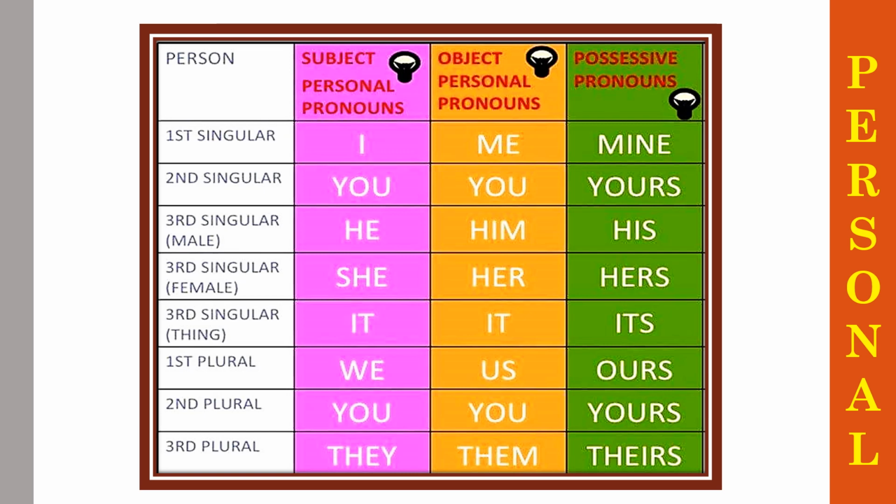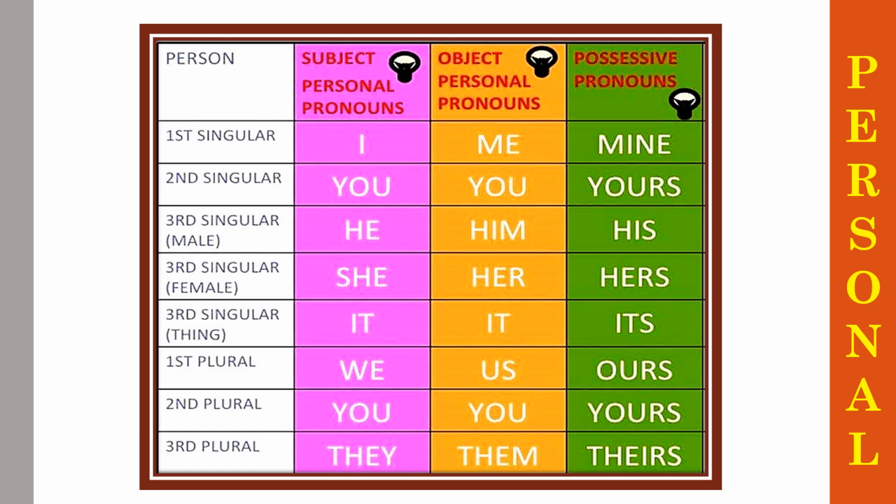It's first person I, you, he and she according to male and female. Then we have me, you, him and her, which are object personal pronouns, and the possessive pronouns mine, yours, his and hers. Now, we also have third person, not a person but a thing. And for a thing, we use it as it and its.